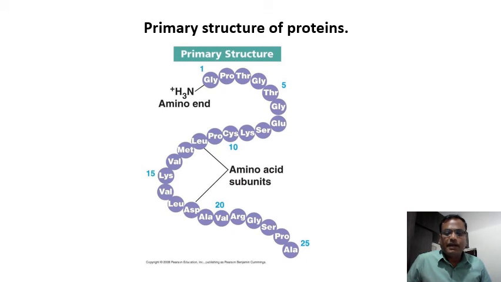Amino acids have different properties, like hydrophilic, hydrophobic, acidic, basic. That's why the arrangement leads to a definite secondary and tertiary structure. So that's about the primary structure of proteins, which is very important. So what is primary structure? The sequence of amino acid arrangement in the protein is called the primary structure of proteins.